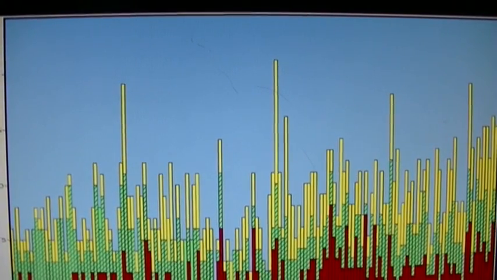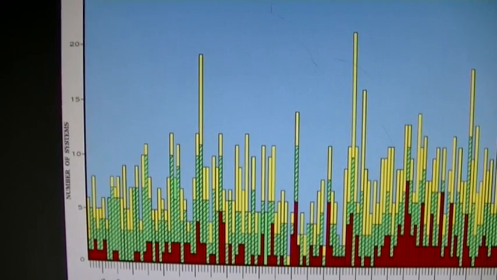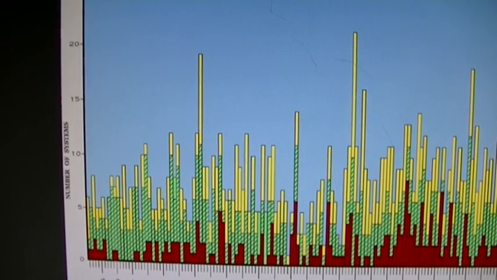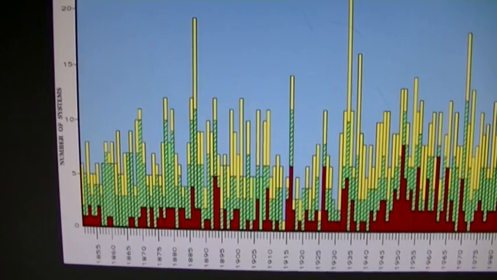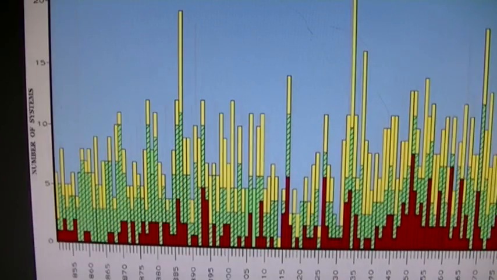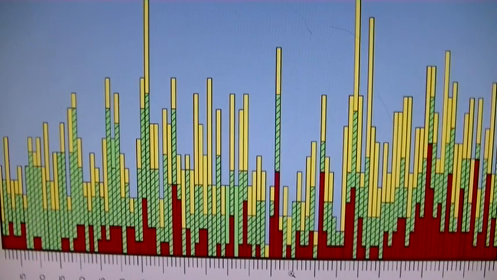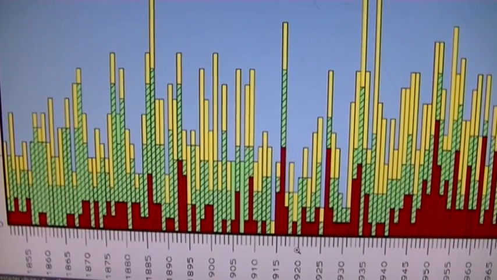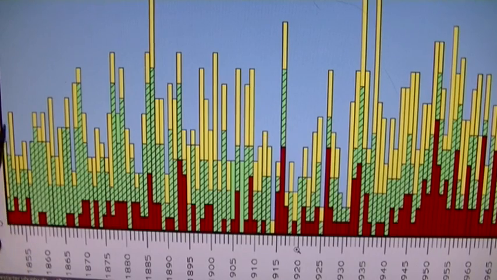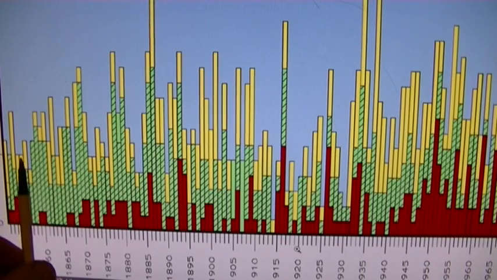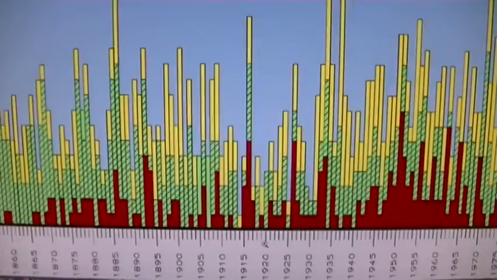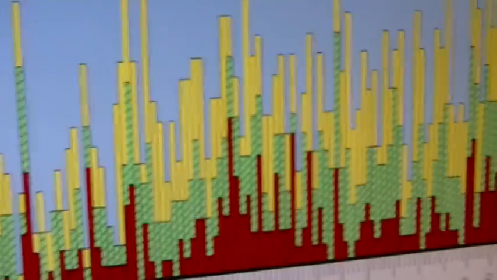Okay, this is the number of systems of hurricanes per year, and it goes back incredibly to 1855. So they have data showing 1855. In 1855, there were this many hurricanes, like 5. And now we come to the present, and what do we see?